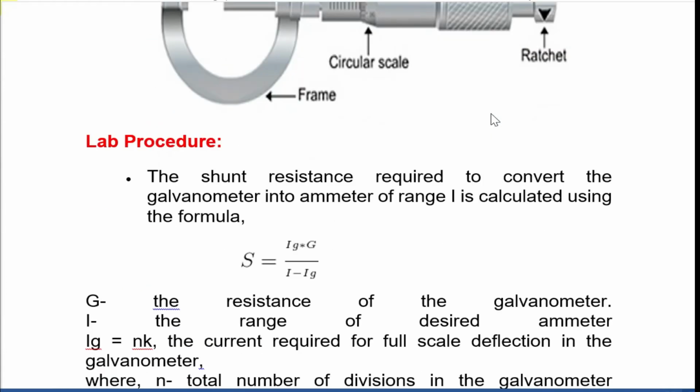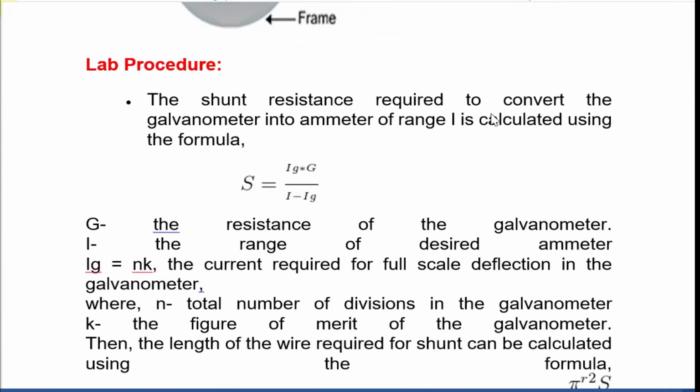screw gauge. The procedure: the shunt resistance, that is the low resistance box, acts as the shunt resistance required to convert the galvanometer into an ammeter of range I. It is calculated using the formula S = Ig G / (I - Ig).